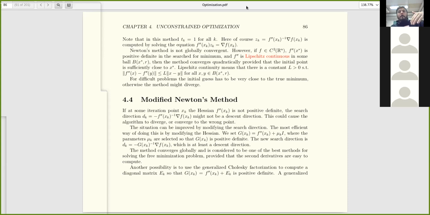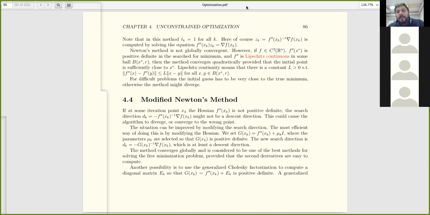If they're all positive, then it's positive definite. And if some are negative, then it's not positive definite. And if there are no zeros there, it's invertible, whether they are negative or positive. Okay.